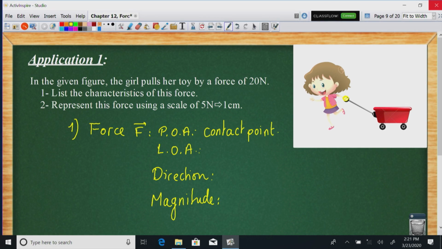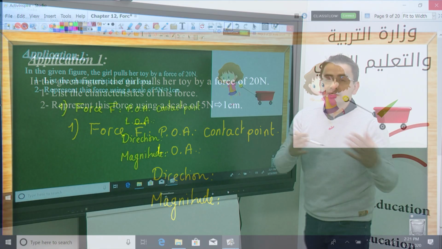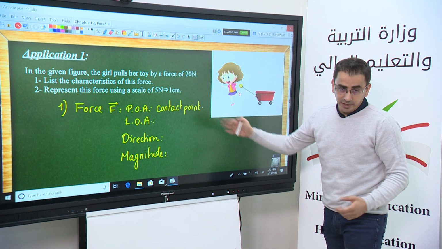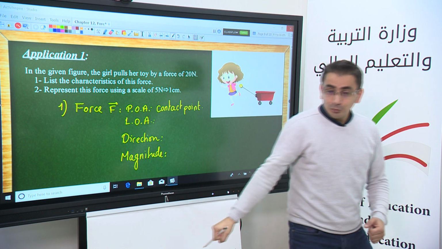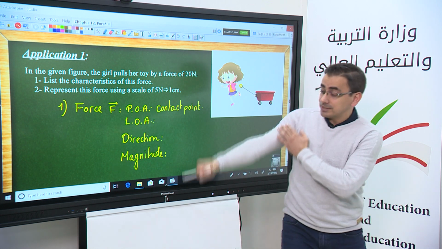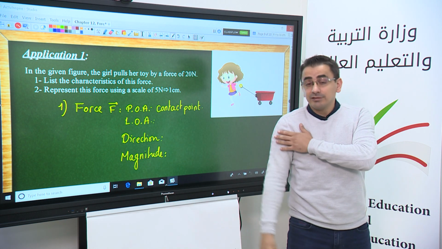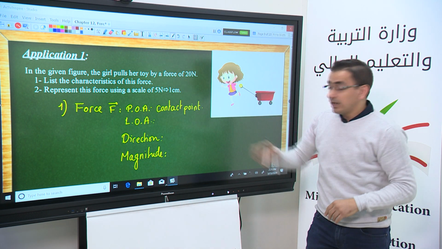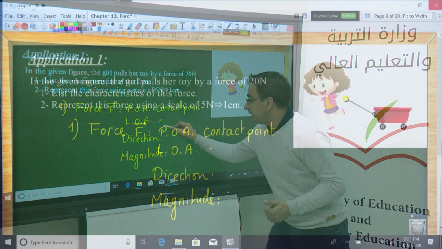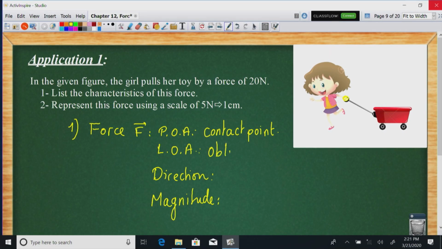If this point is called or named A, B, C, anything, you can simply use A. The line of action. The girl is pulling the toy behind her. Notice my hand is not horizontal, it's not vertical, it's inclined in between or oblique. So the line of action here is oblique or inclined. Better use the term oblique.